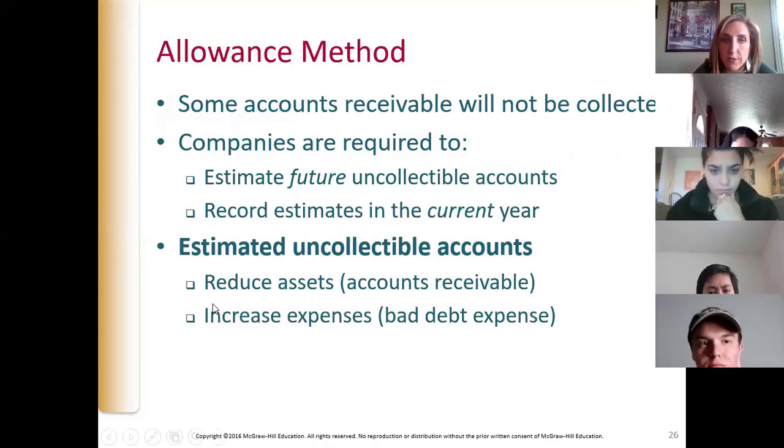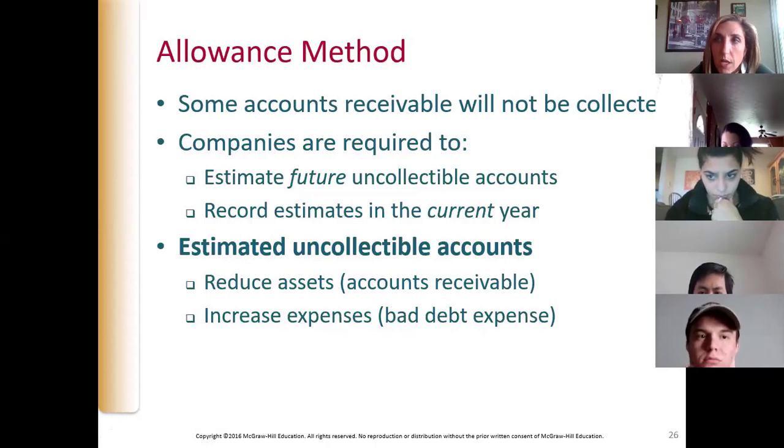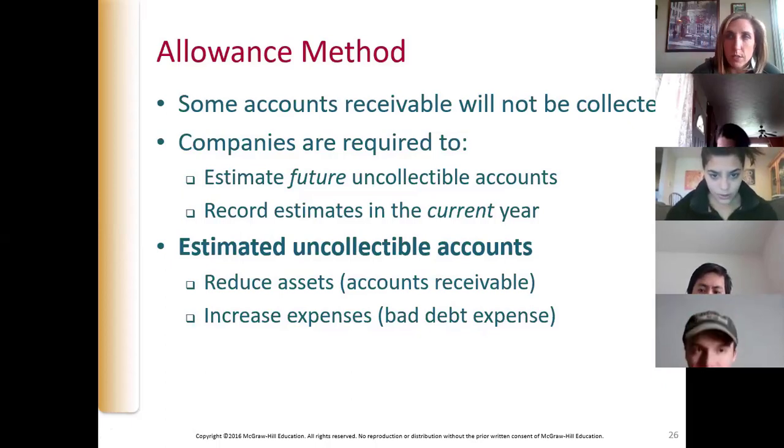As the very bottom of this slide says, it will be a debit to a bad debt expense account. And then you will credit, here's where some students are going to get a little bit confused, an account called, it's a new account, allowance for uncollectibles. It's a part of your assets. It's a contra asset. So it's not the same thing as a contra revenue.